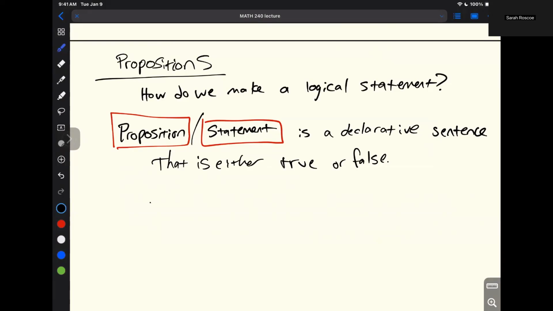And so when we say the statement is either true or false, the actual which one it is, maybe the choice, true or false, is the truth value.